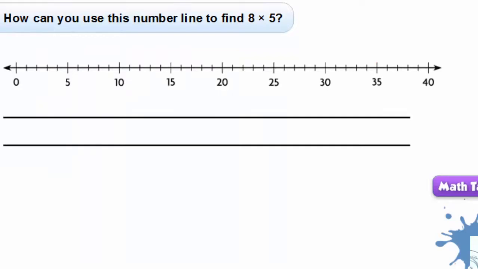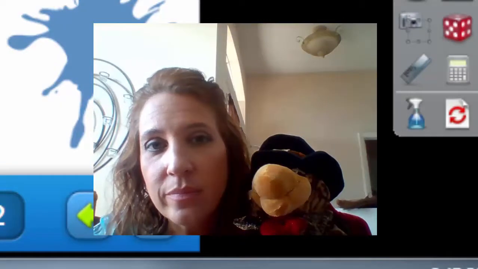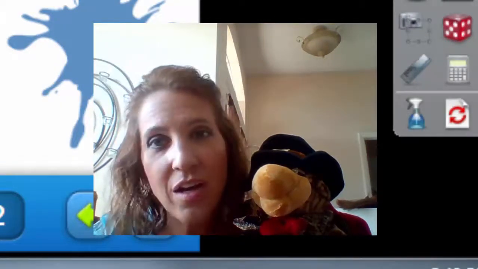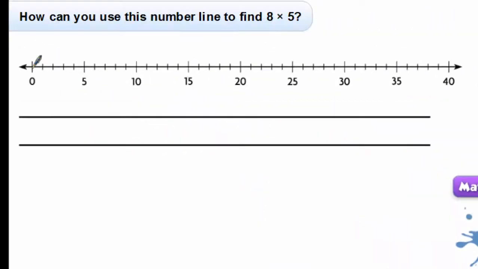Look at this number line. How can you use this number line to find 8 times 5? What do you think? Can you tell Mr. Turkey what you think? Good, that's great. So we can start at 0. We're going to make 8 jumps because there's 8 groups, 8 jumps, and each jump is going to be 5 spaces.